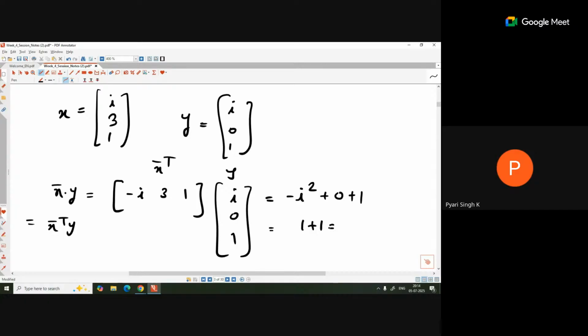So here 1 plus 1, it is 2. So x and y are not orthogonal.